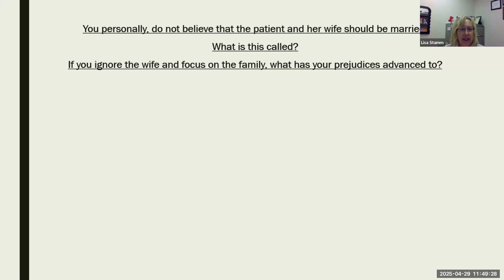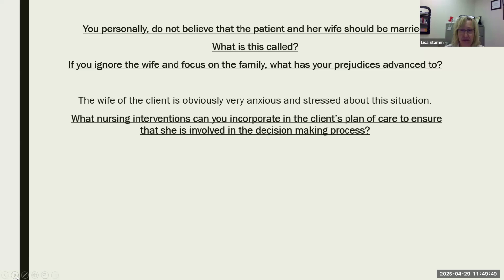Could be negligence. Denise has it. It's discrimination. So if we have this personal bias and we allow that to impact our practice, and we ignore the wife and focus only on the extended family, then we have just discriminated against the wife.